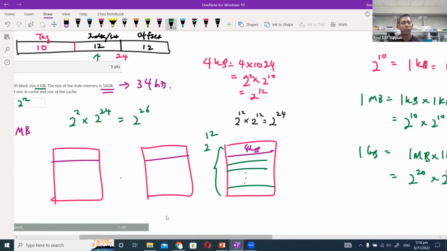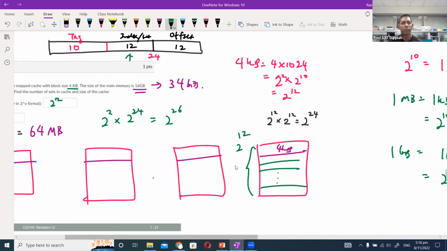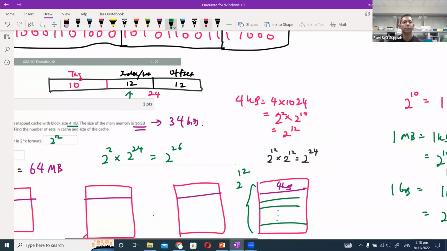So for 16 gigabyte, it is equivalent to 2 to the power of 4 multiplied by 2 to the power of 30. So that's how you get 34.